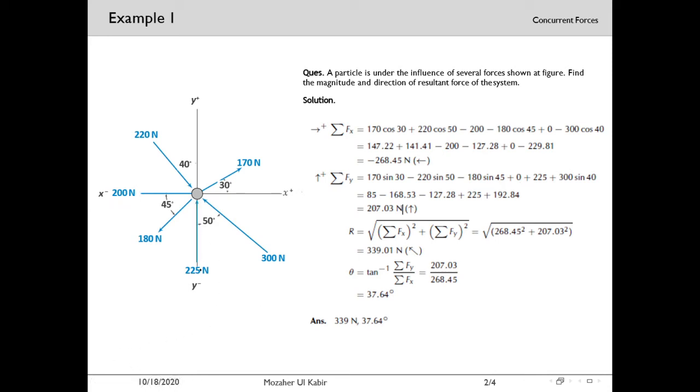Then we are having 225 Newton, which is acting upward. Our fifth force is coinciding with the y component, so we can write directly its value, plus 225, as it is acting upward. Our last one, which is 300 Newton, it will be having two components.